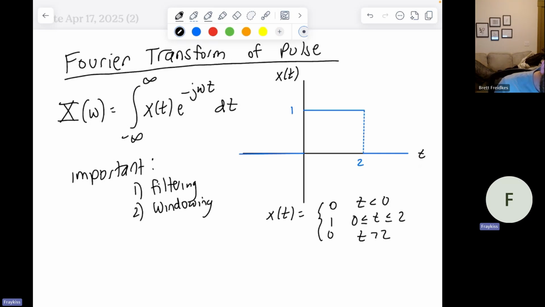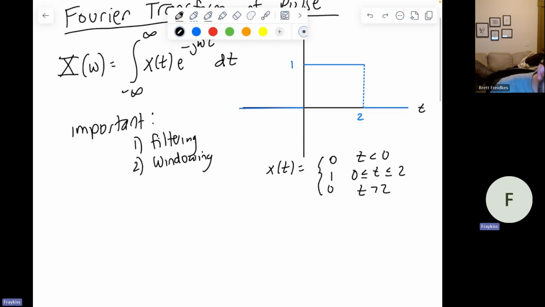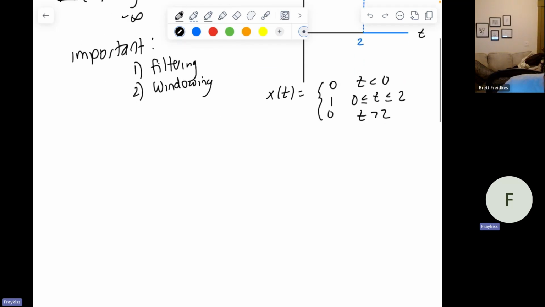In class, at least this semester in the spring of 2025, we probably won't be able to get to why this pulse is important for filtering and windowing, but I hope in future semesters we do. But I wanted to introduce it because the outcome of it is important.